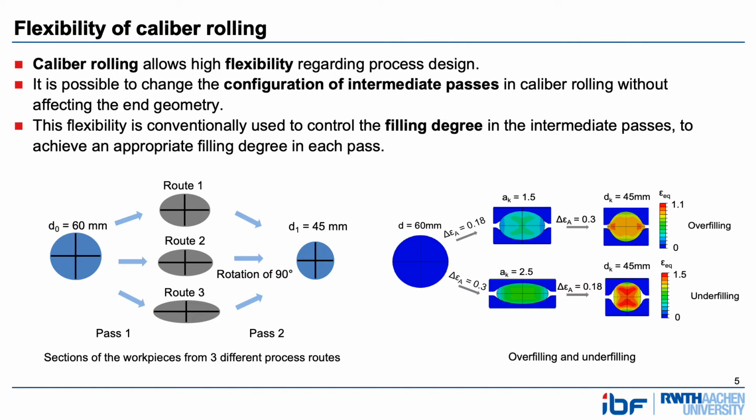They have different intermediate geometries, but the same initial and final geometry. This flexibility can influence the filling degree in the intermediate passes and can even lead to filling problems like overfilling and underfilling, shown in the right picture below. So the filling degree should be considered as a design aspect.